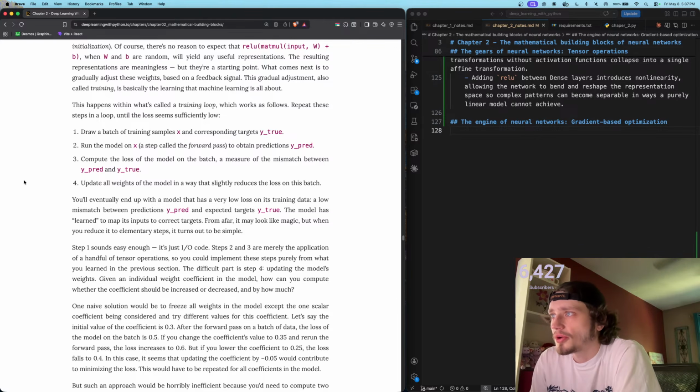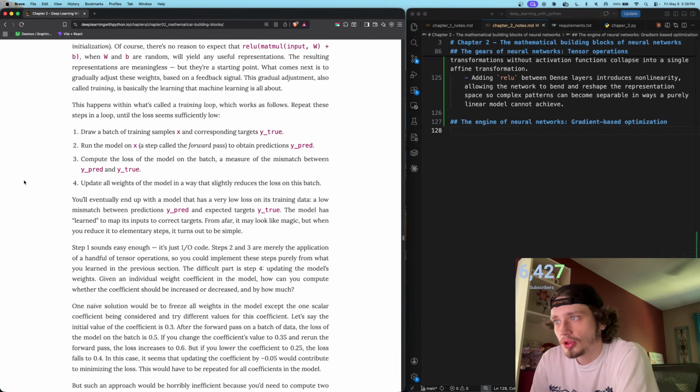Compute the loss of the model on the batch, a measure of the mismatch between the predictions and the true targets. Update all weights of the model in a way that slightly reduces the loss on this batch. You'll eventually end up with a model that has a very low loss on its training data, a low mismatch between predictions, y_pred, and expected targets, y_true.